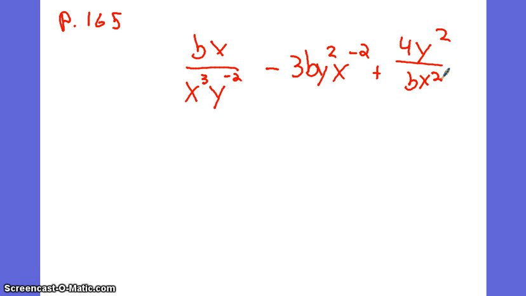it can be really difficult to see that two of the terms are like terms and may be added. If each of the terms is written in the same form, however, it is easy to identify like terms. Let us write each of the three terms with all exponents, I meant to say, positive.